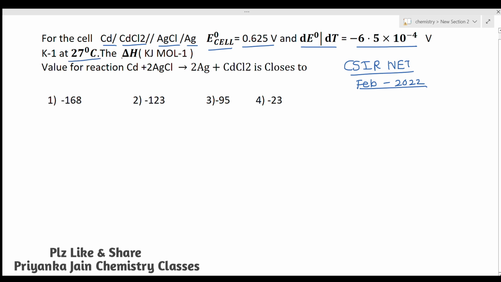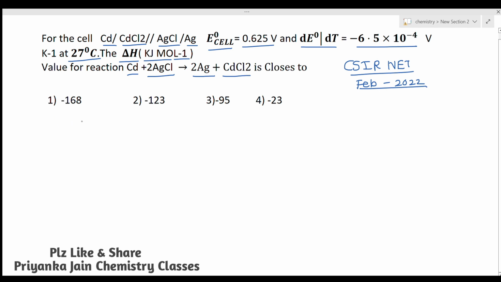We have to find out delta H in kilojoules per mole for the reaction Cd + 2AgCl = 2Ag + CdCl2.